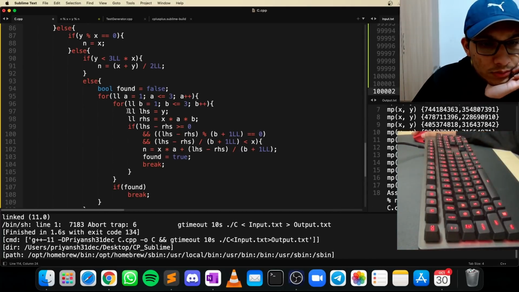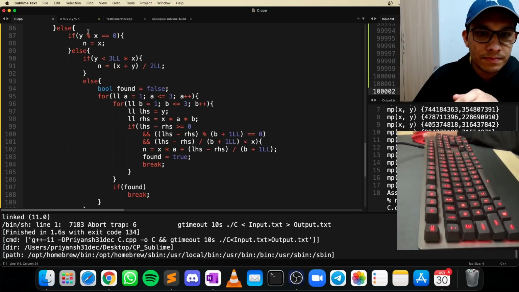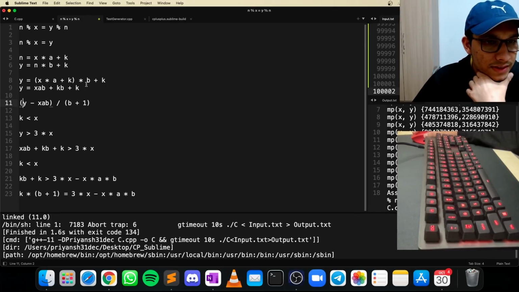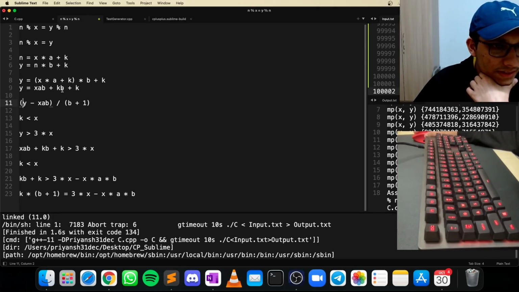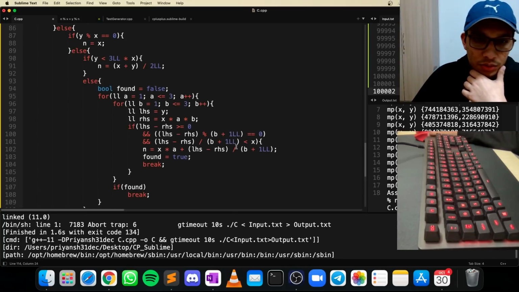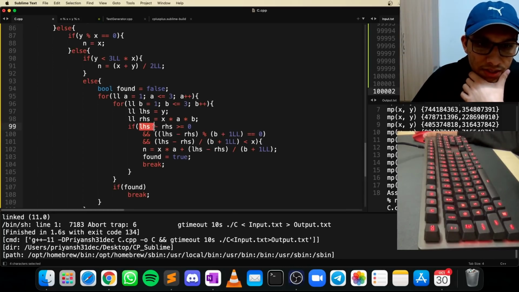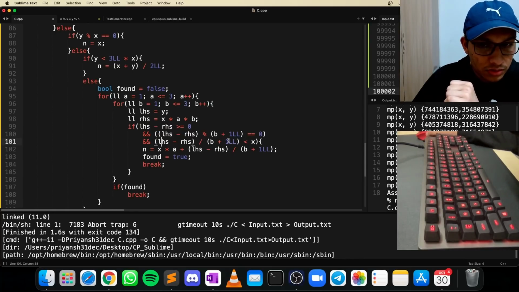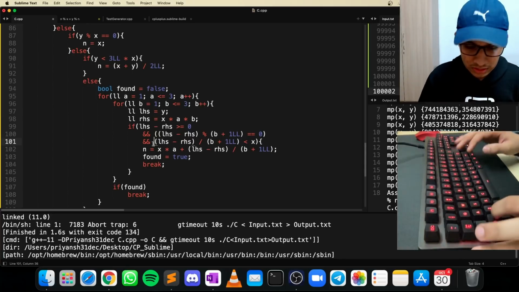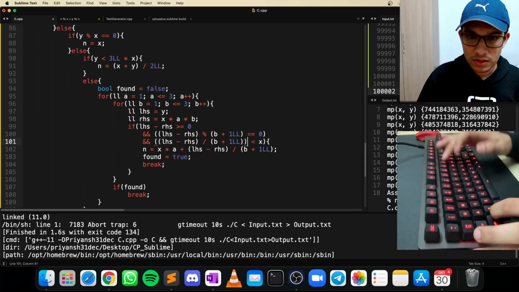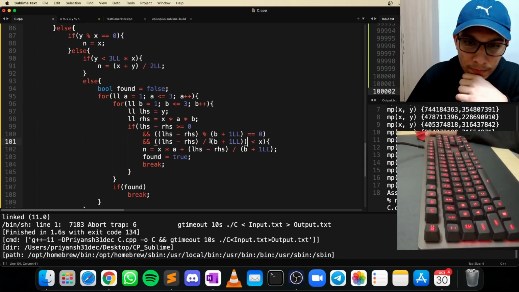Okay, let's see. LHS equals y, RHS equals xab. So I have xa plus k, right? Yeah, I have xa plus k into b plus k. So I'm doing xab plus kb plus k. So I'm doing y minus xab divided by b plus 1. Right, this is what k is, and I also have to check if it is less than x. So I'm checking LHS minus RHS is greater than or equal to 0, then LHS minus RHS modulo b plus 1 equals 0, then LHS minus RHS divided by b plus 1 less than x. Oh, okay.